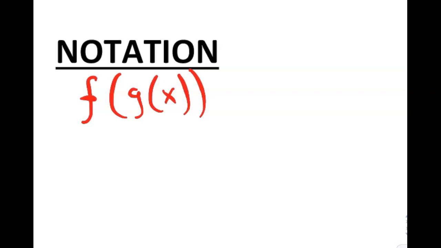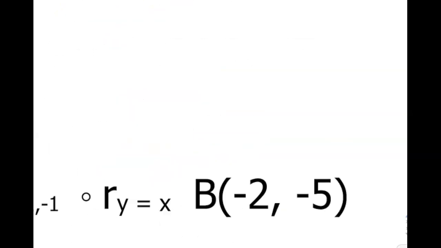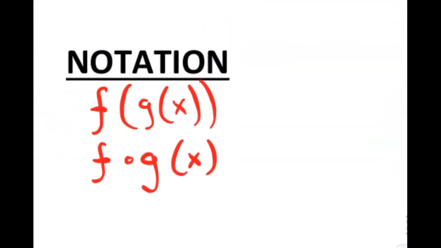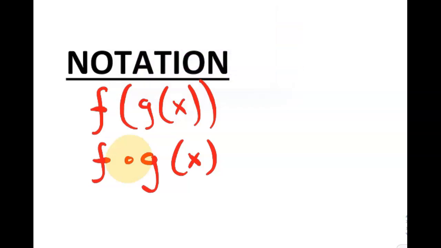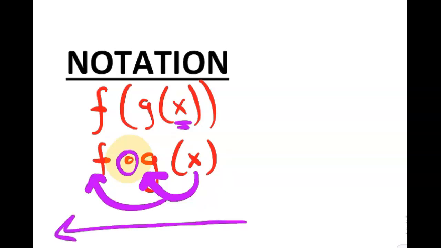But then there were other times where it was written like this, f of g of x, where this little tiny circle was the notation for a multiple stepped function. And if you remember this, you always work from here outward. So you always do that one first and that one second. So you kind of work backwards when you have function notation with compositions.